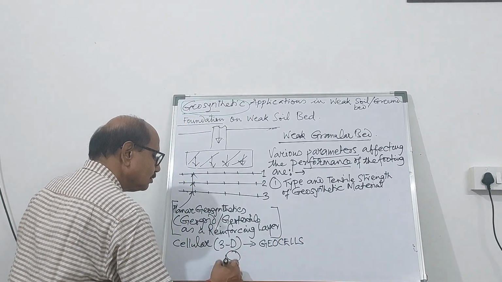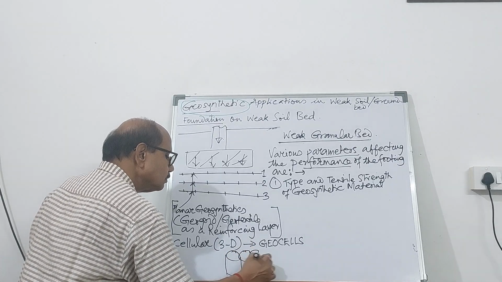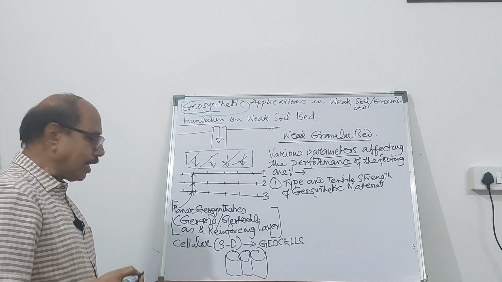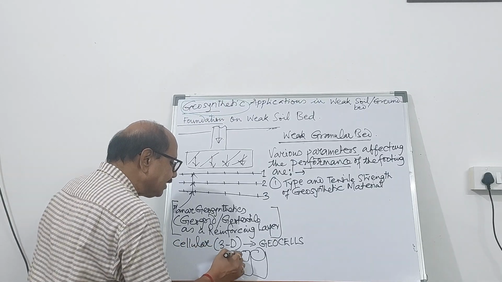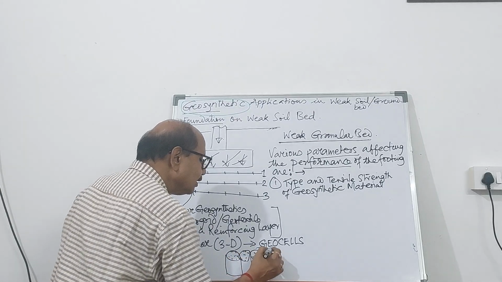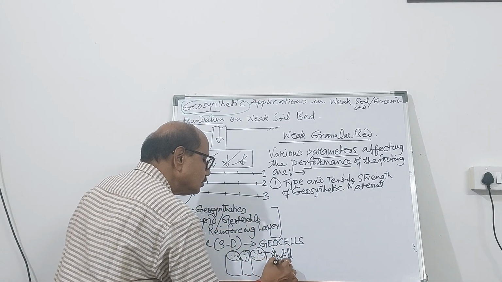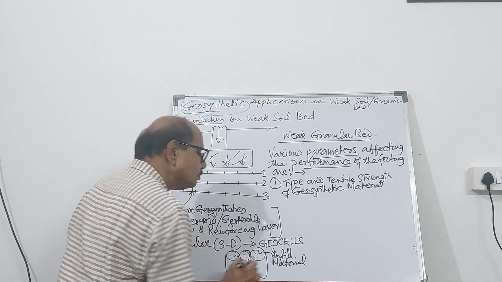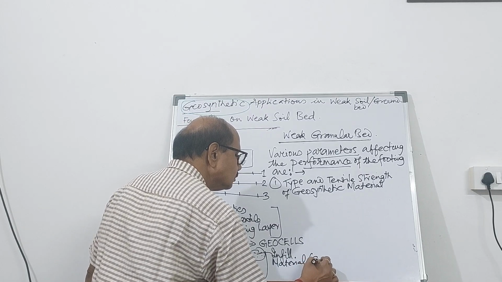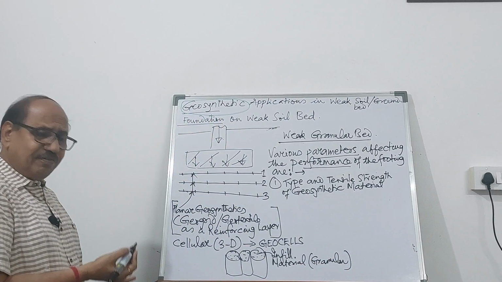It's like this. Geocells interconnecting. So many geocells interconnecting, and you can put it in the soil. You can have infill material here. That is soil. Maybe granular, or maybe fine soil.